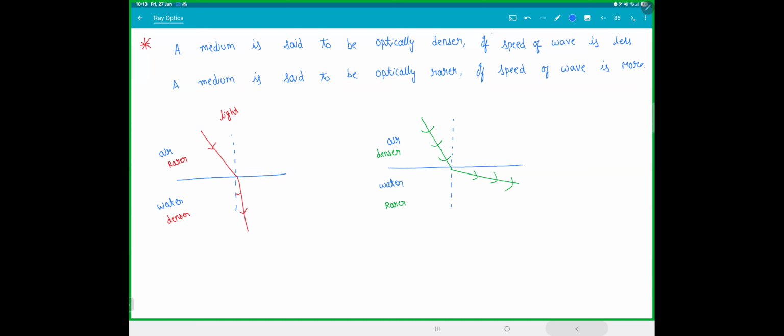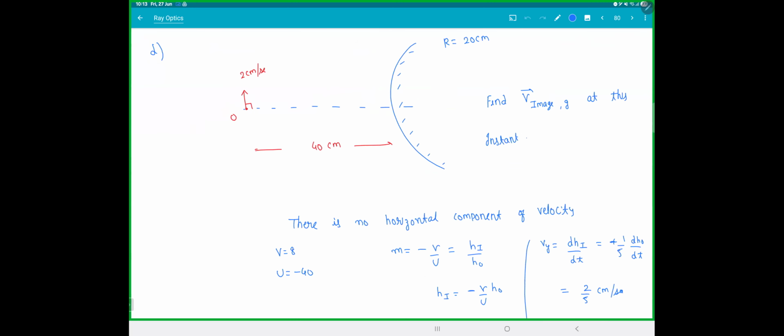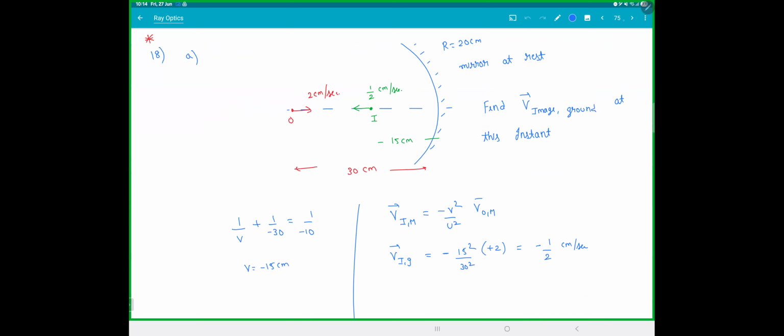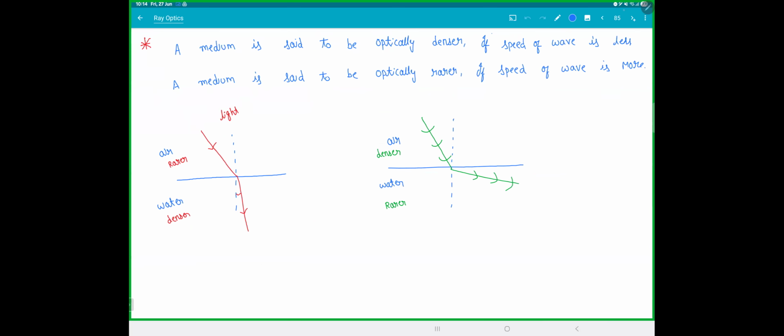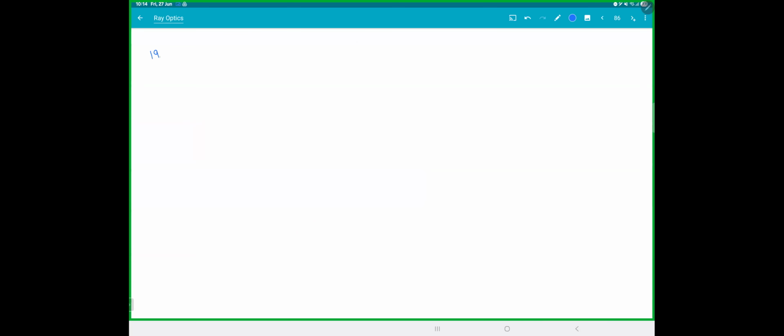Let's see a few questions on this. This is a standard question. Definitely remember this. Let's say mu1 and mu2, and mu1 is greater than mu2. You're going from denser to rarer.